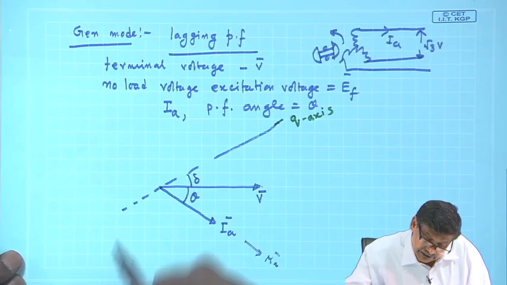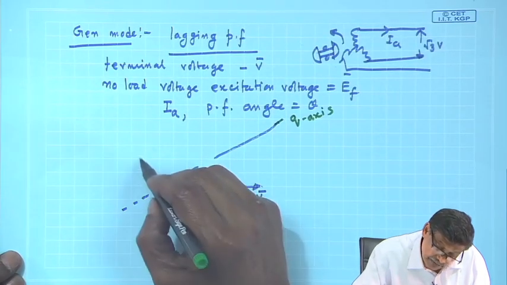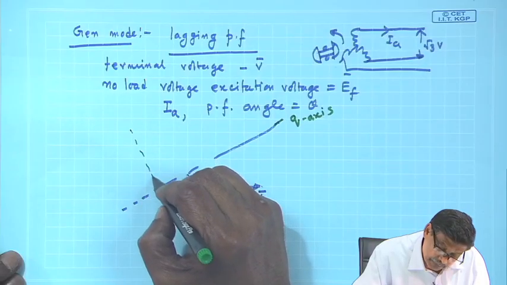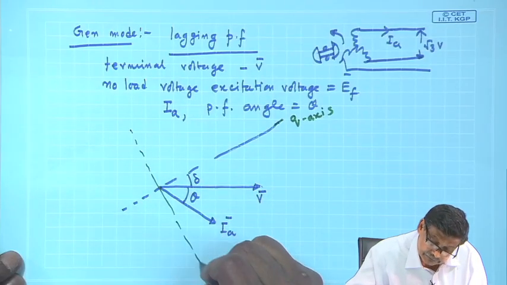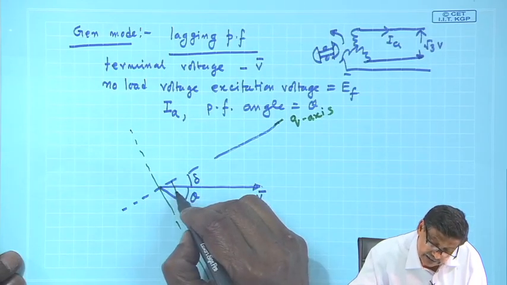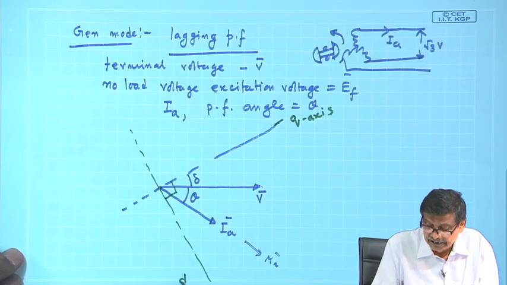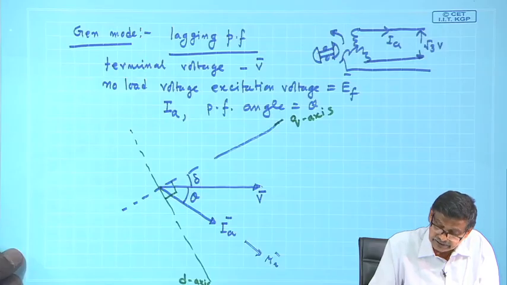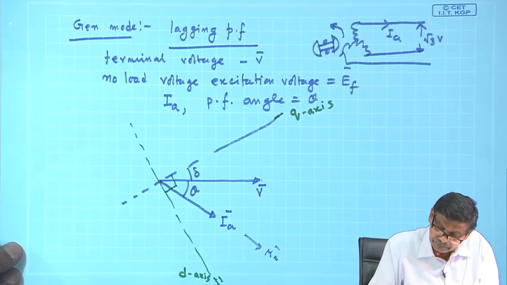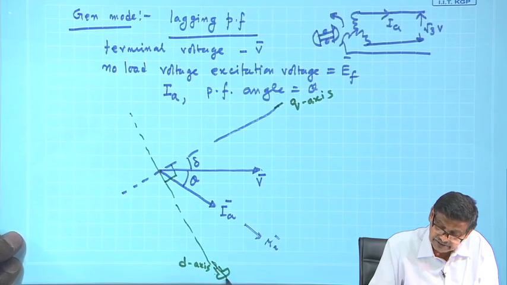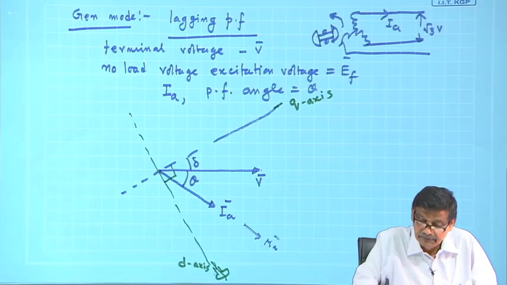Then listen carefully. I will draw a line perpendicular to this, at right angles, and you say this will be the d axis, meaning where the poles are. This is the d axis along this line.